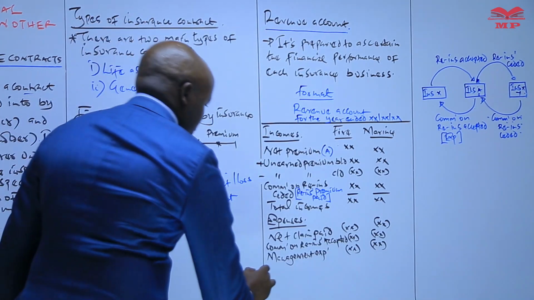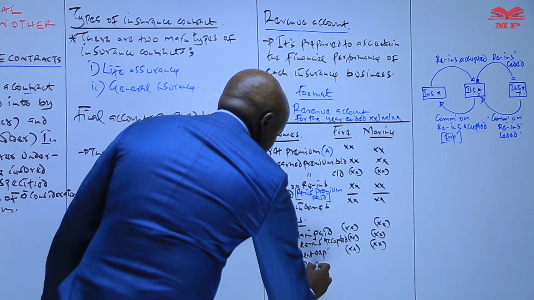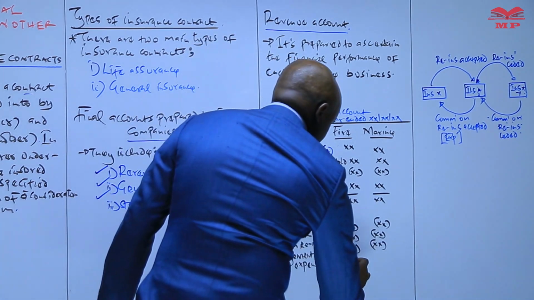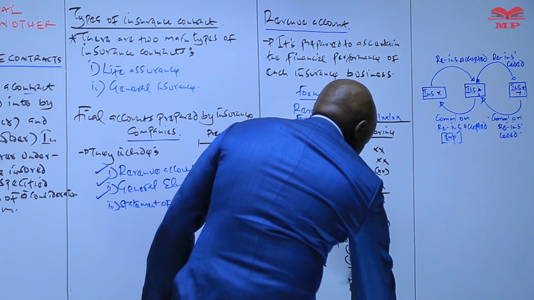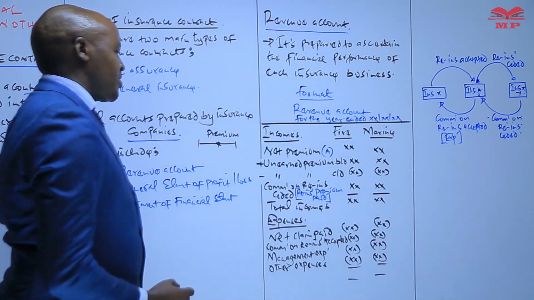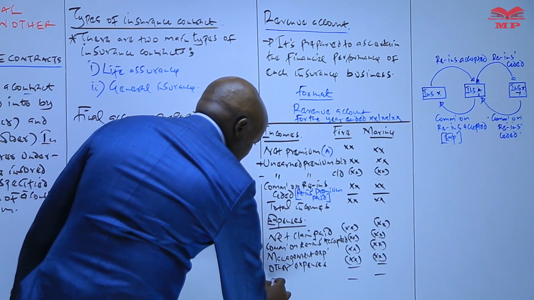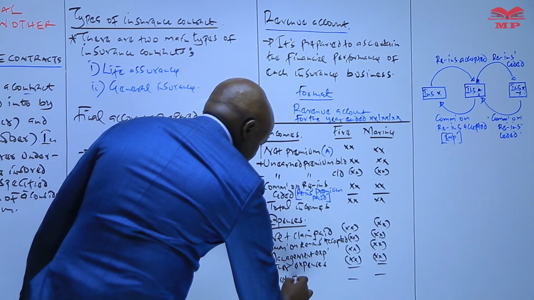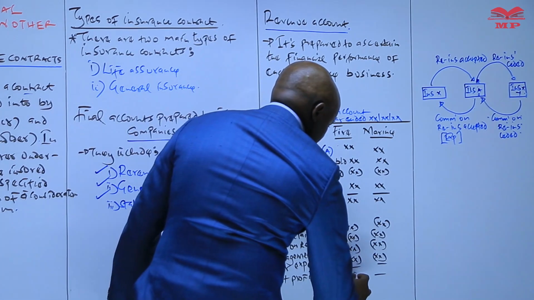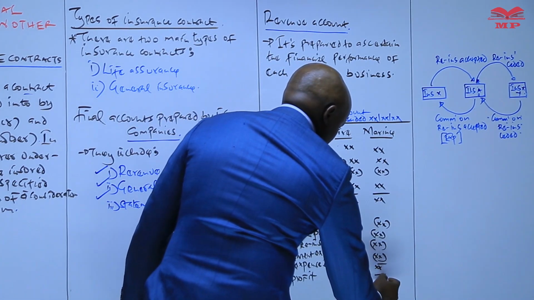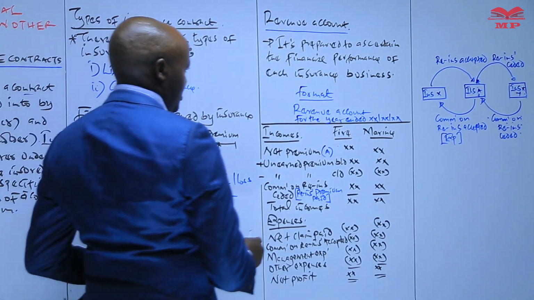And then we also have any other expense. After deducting those expenses from the total incomes, we get the net profit from its insurance business. So basically, that is how we prepare that account, the revenue account.